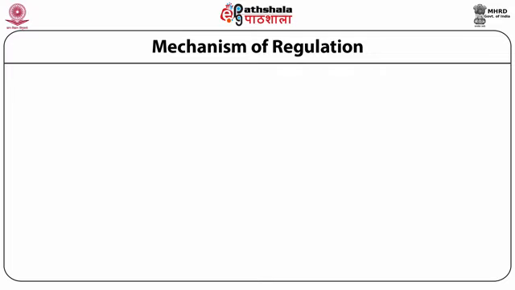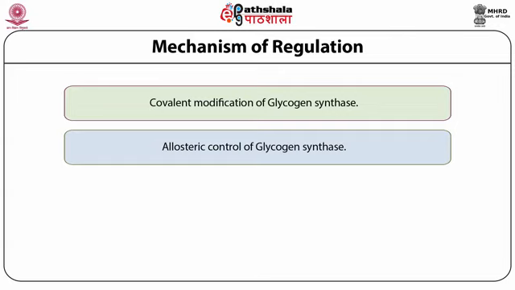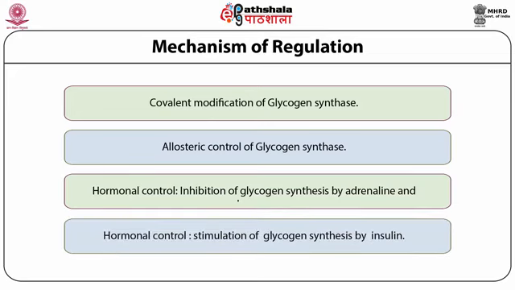That is, we will explore the regulation of glycogen synthesis by studying the covalent modification of glycogen synthase and allosteric control of glycogen synthase. It also involves hormonal control, that is inhibition of glycogen synthesis by adrenaline and glucagon, while the stimulation of glycogen synthesis is by insulin.